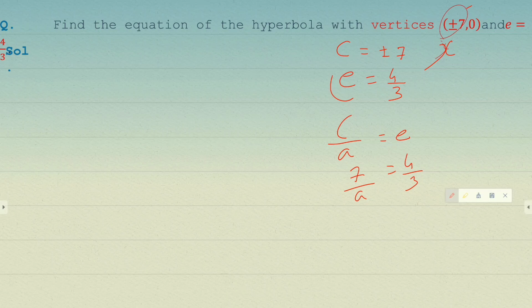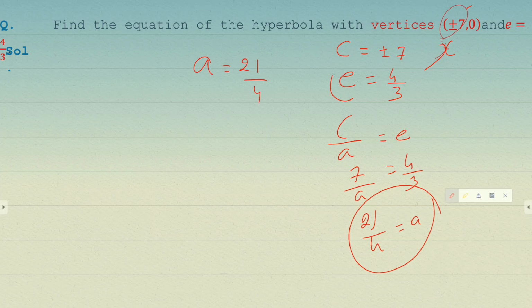So what is going to be A? 21 by 4. A is going to be 21 by 4. Now we want the absolute value only, so A is 21 by 4 and C I know as 7.